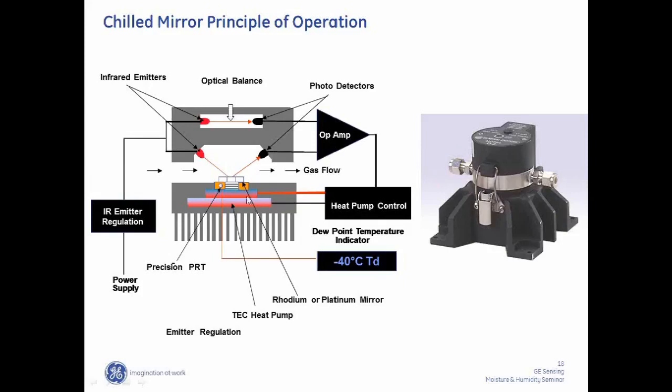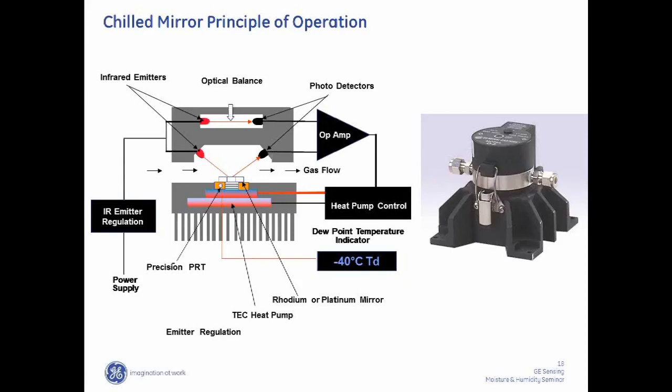When condensation occurs, the amount of light reflected off the mirror decreases. And when we see that loss of signal, the op-amp logic goes into a controller which modulates or throttles back the cooling until a bit of the dew or frost disappears.